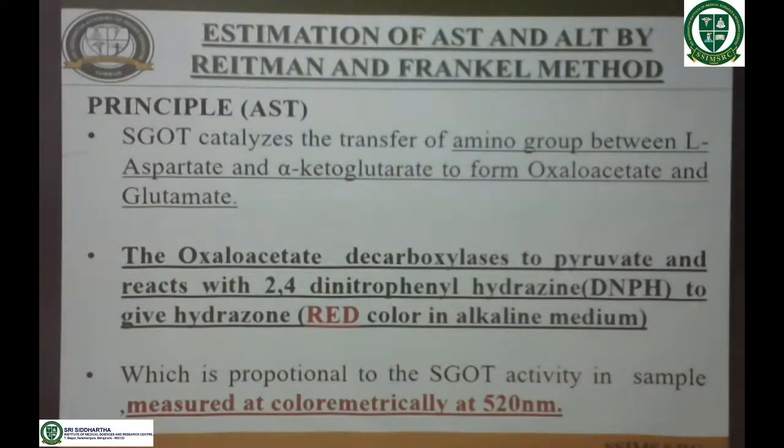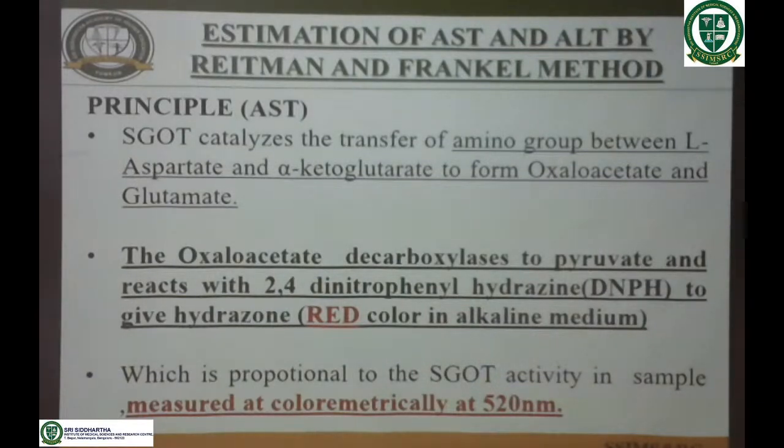The principle behind this enzyme here is that SGOT catalyzes the transfer of an amino group between L-aspartate and alpha-ketoglutarate, forming oxaloacetate and glutamate. Further, the oxaloacetate is decarboxylated to form pyruvate, which reacts with 2,4-dinitrophenylhydrazine, that is DNPH, forming the hydrazone.